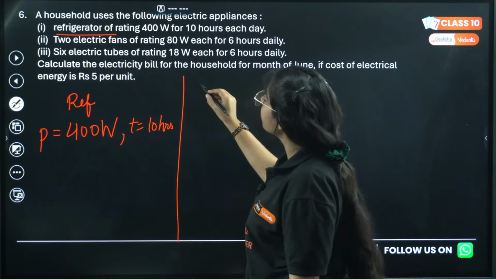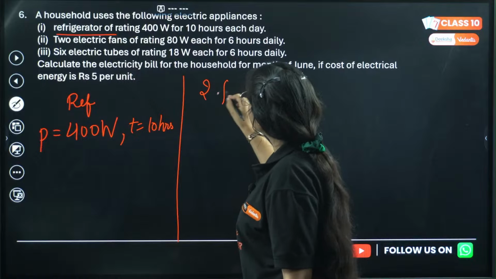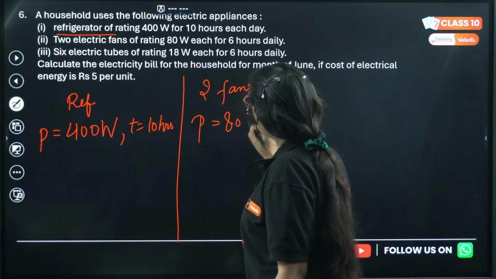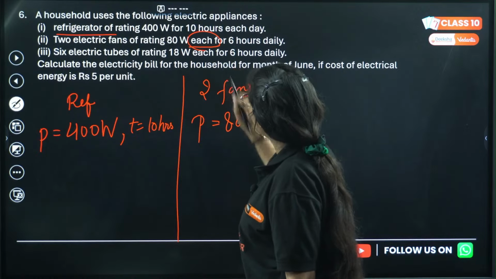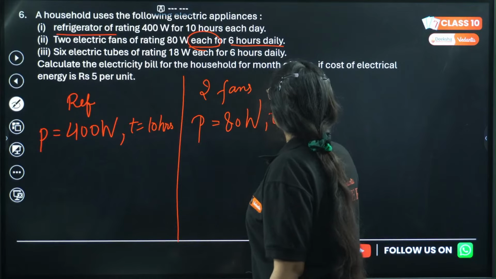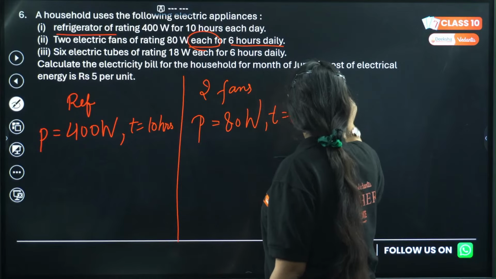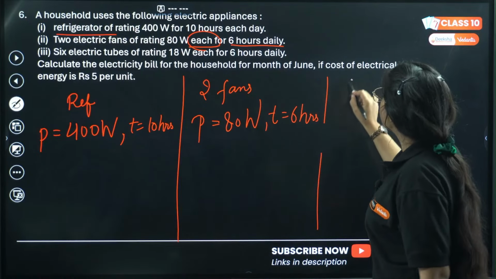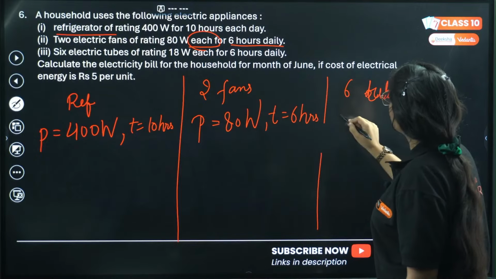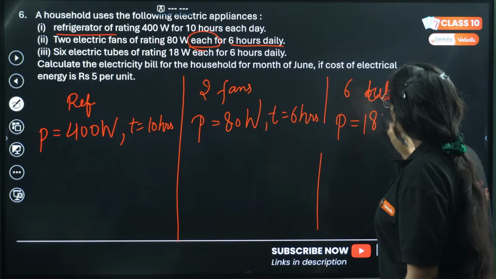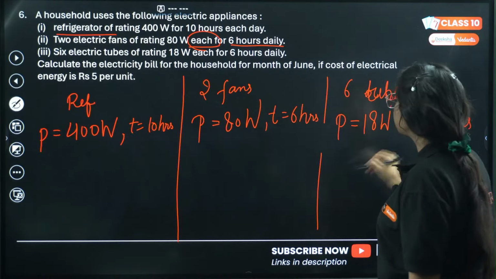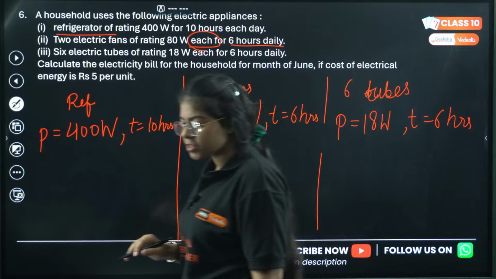Then we have 2 fans, so their power is also given, 80 watt each. So one fan is using 80 watt power and is used for 6 hours, correct? And then third, we have 6 tubes. So they are consuming power as 18 watt for 6 hours daily, correct? Now we wrote everything that was given in the question.